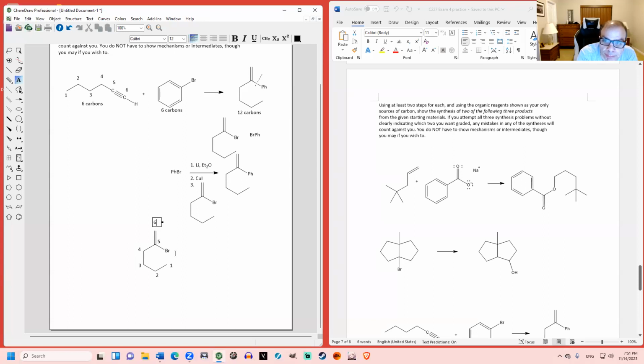How do we turn the triple bond into a double bond and attach a bromine to the more substituted carbon? Well, by adding 1 mole equivalent of HBr to this alkyne.